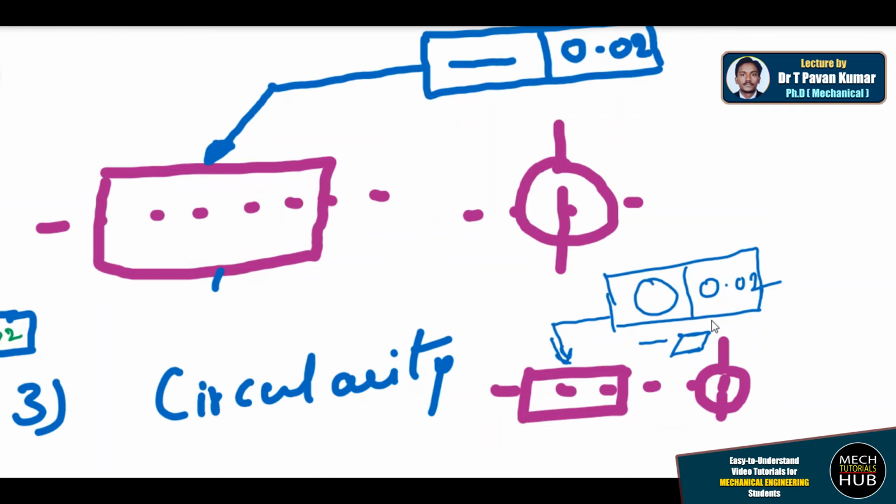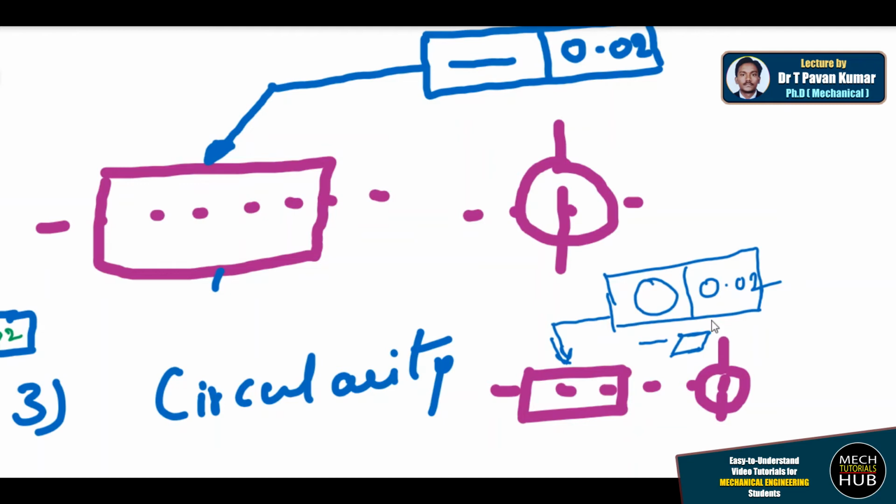We need to rethink once, twice before placing it. Once a mistake is made, we can't get the material back. The name circularity itself indicates that throughout the circumference of the circle, a tolerance value of 0.02 has to be maintained.